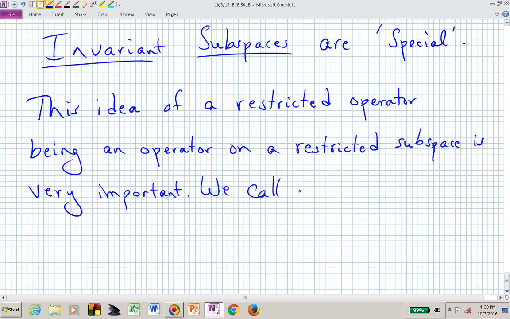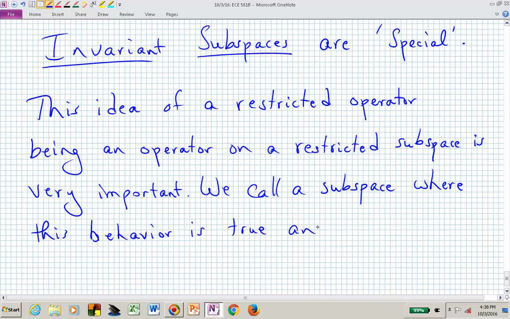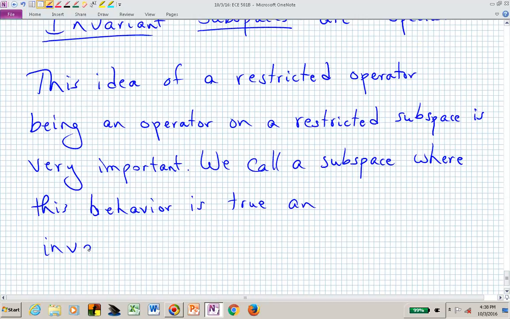And we call a subspace where this behavior is true an invariant subspace under this linear map T.